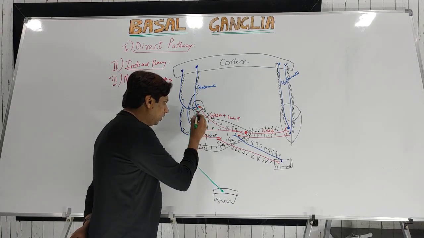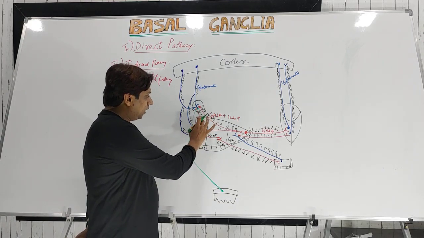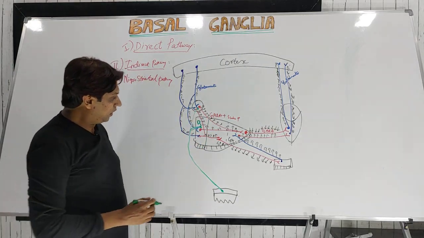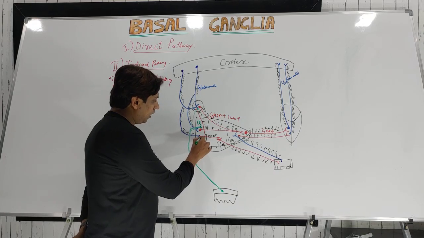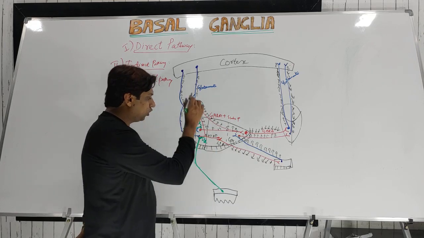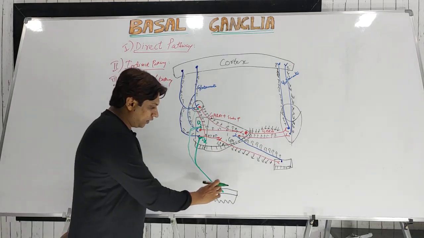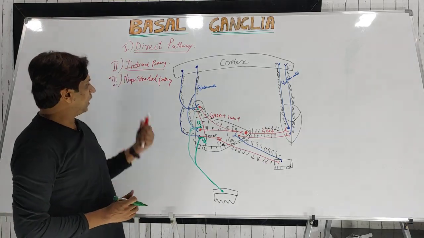It binds to the D1 receptors on the direct pathway. Similarly, it gives a connection to the indirect pathway also, but the receptor in the indirect pathway is D2. So the nigrostriatal pathway is one more pathway apart from the direct and indirect.